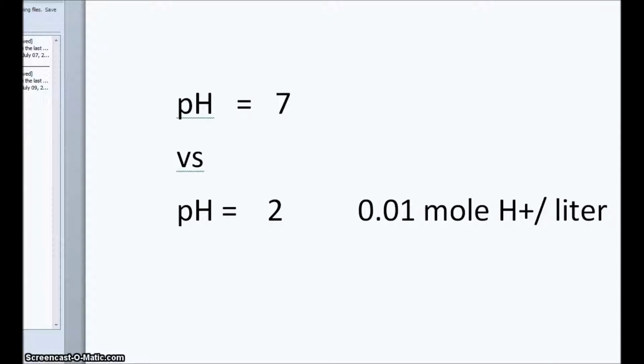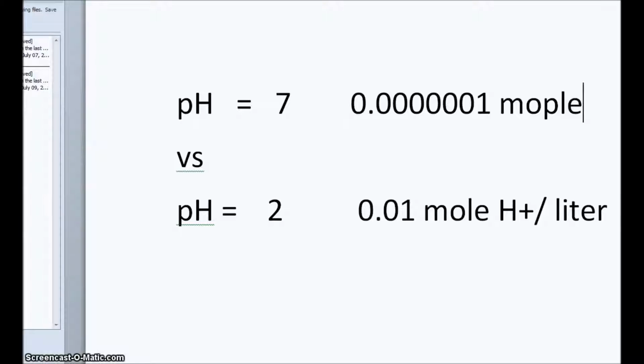So pH of 2 is more acid than pH of 7 because pH of 7 is 0.1 mole of hydrogen ions per liter.